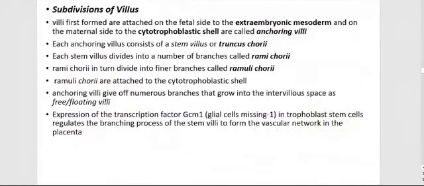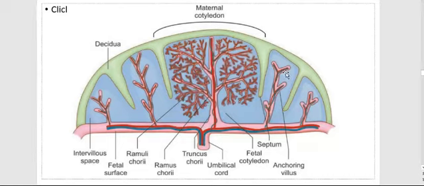Okay. So now each anchoring villus will consist of a stem. It was first an anchoring villus, and then it will have a stem, called the truncus chorii. In the further development of the chorionic villi, it will give out branches. These branches are the rami chorii.